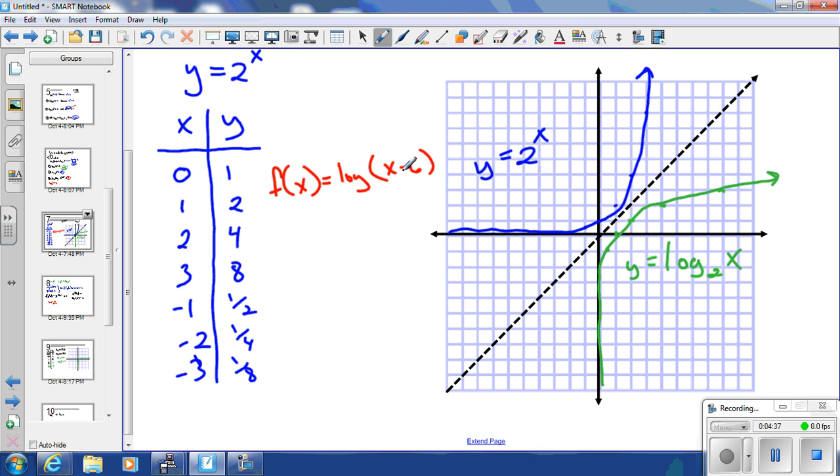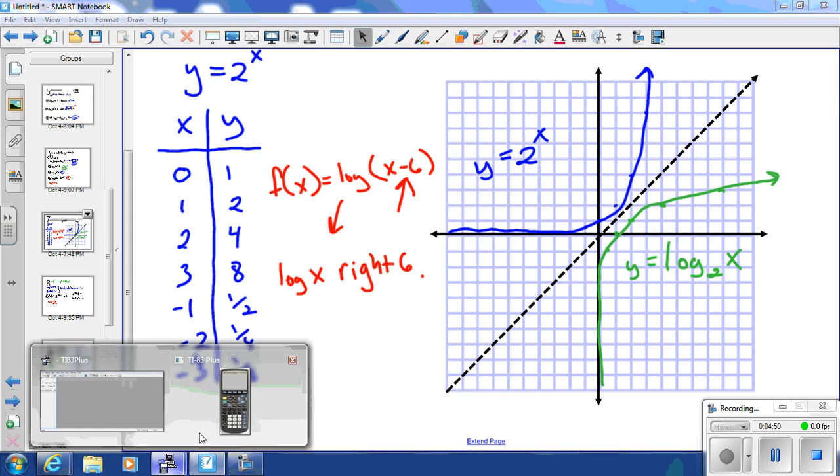We've seen that several times before. So this is going to be the graph of just regular old log of x, except it's going to be moved. And this number here tells me where it's going to move. Where would it go? It would go right 6 places. So I can demonstrate that here to you real quick.